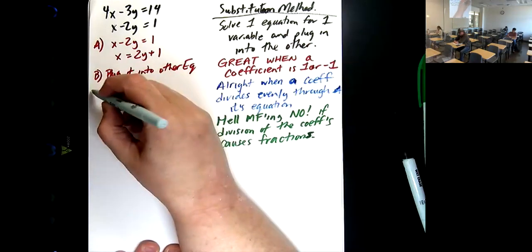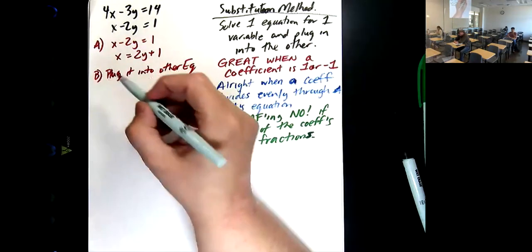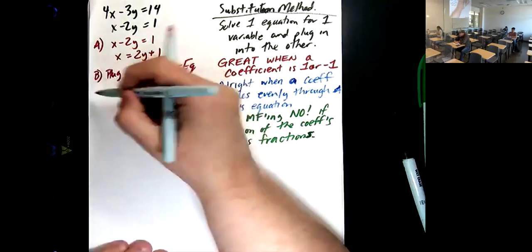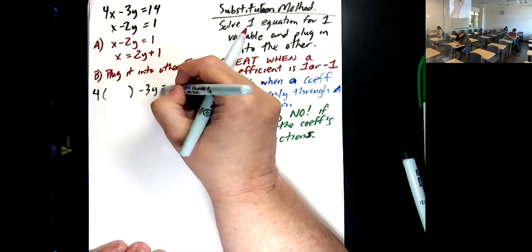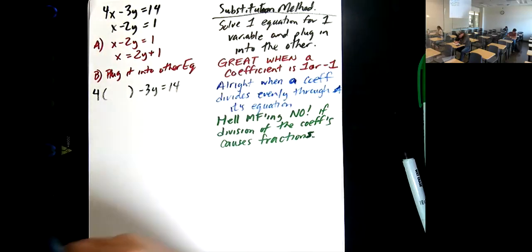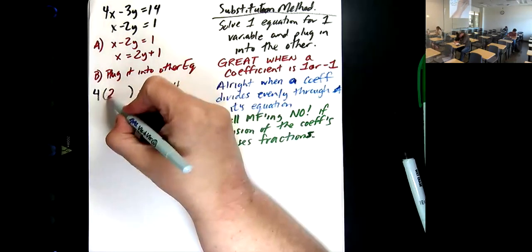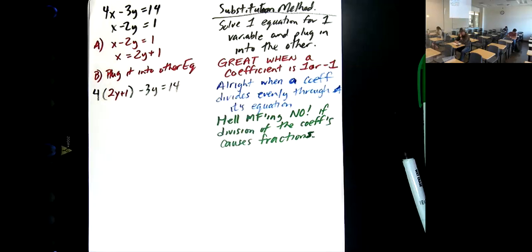So wherever I have a 4x, I am going to replace the x with 2y plus 1. Now all I have in this equation are y's and numbers. So I can solve for y.